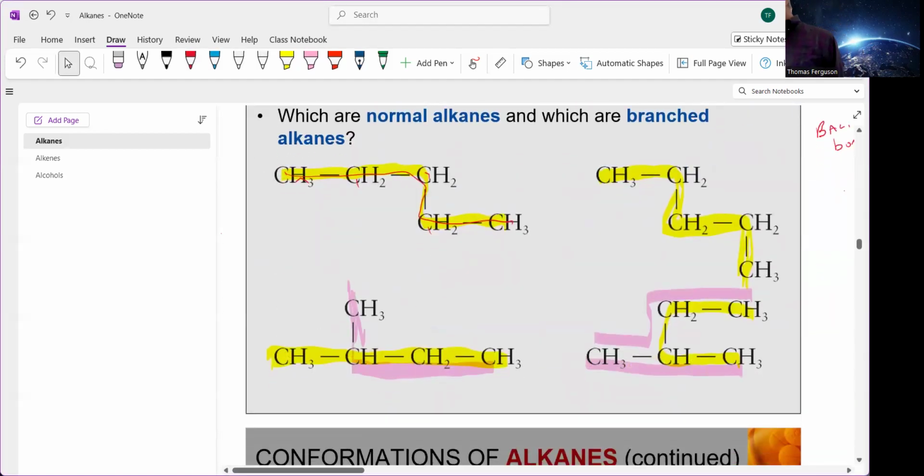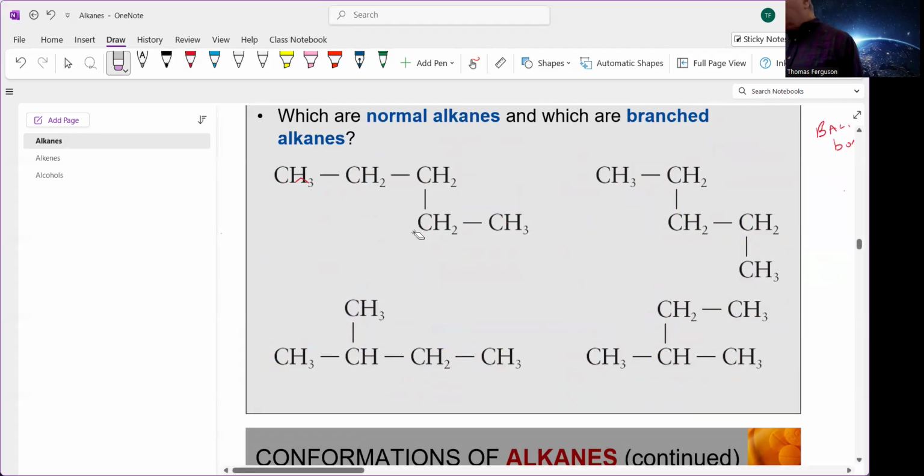Okay, so let's look at this. This is all 5 carbons. The first thing you need to do when you start naming alkanes is figure out the backbone, like I mentioned earlier.